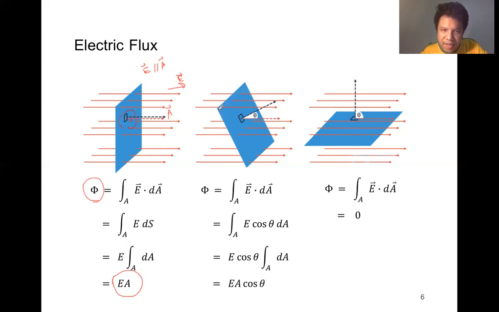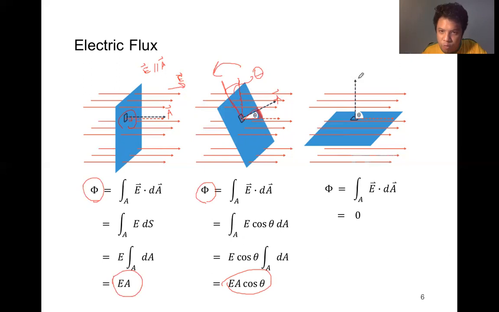But when the area is inclined and the vector A makes the angle theta with E, we find that the flux is EA cosine theta. So if we rotate the blue area by the angle theta, the flux changes from EA to EA cosine theta.